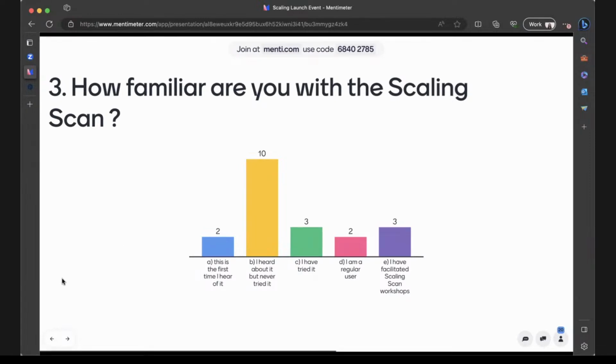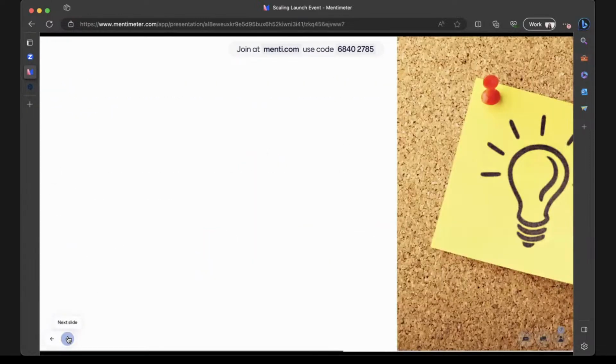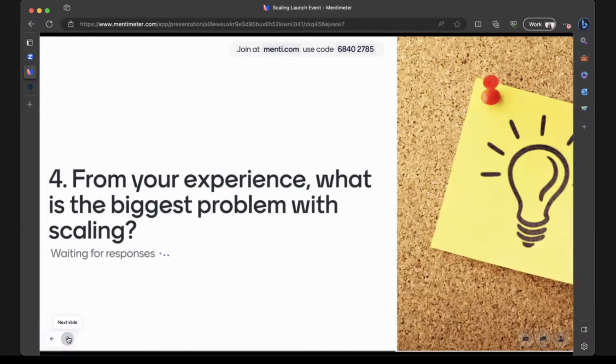And then the final question. From your experience, what is the biggest problem with scaling? We know that there are a couple of challenges also, as Paswell has mentioned. But from the work that you've done, what do you think is the biggest one?